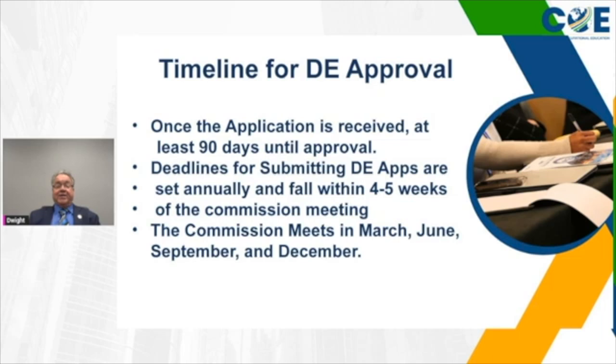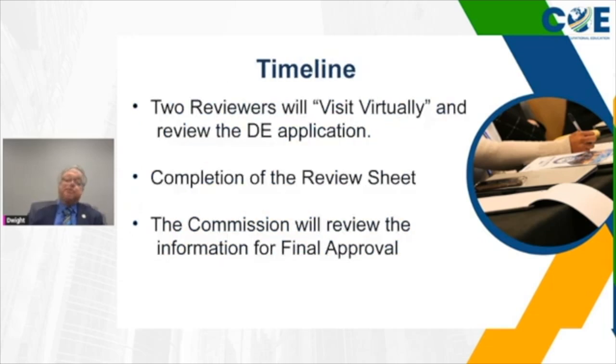The timeline, as I mentioned before, is going to take about 90 days from the time you start filling out the paperwork. There are deadlines for submitting your distance education application, and they are set annually, and they usually fall 4 to 5 weeks before a commission meeting. And our commission meets in March, June, September, and December.